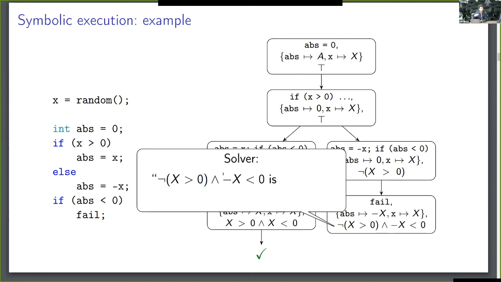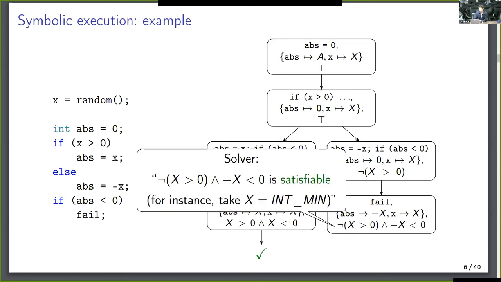So here again, we obtain two constraints, x is not positive and x is positive, but it is satisfiable. There is one case where this minus x might overflow, and we get this input x equal to the minimal integer, which drives us into this branch where we fail.